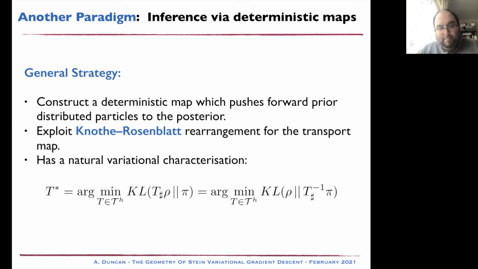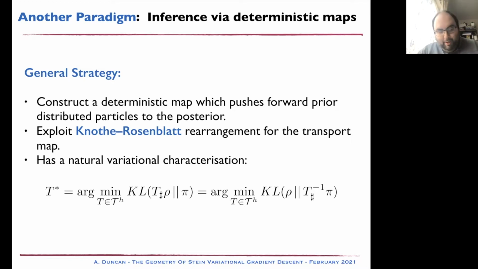Specifically, they exploited the Knothe-Rosenblatt rearrangement as a representation of the transport map. And what's nice about this paper is that they formulated the problem as an optimization problem, so that the problem has a variational characterization.